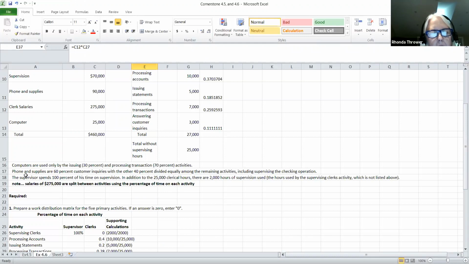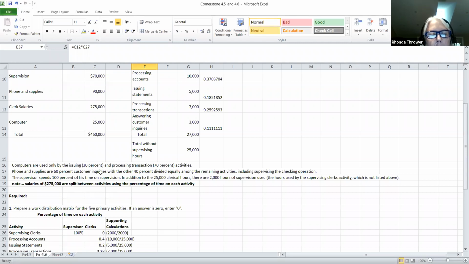Read it carefully. The phone and supplies, that's this right here, we spent $90,000 on it. But 60% of that 90,000 is for customer inquiries. So part of the activities for the phone and supplies were because of customer inquiries.